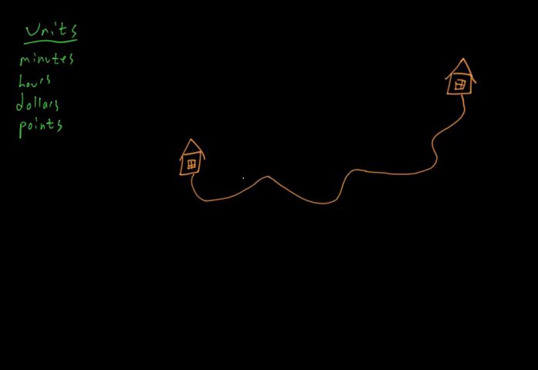And now you don't know how long that road is, but what you do know is that it takes you 2 hours to get there. And what you also know is that your average walking speed is about 3 miles per hour.